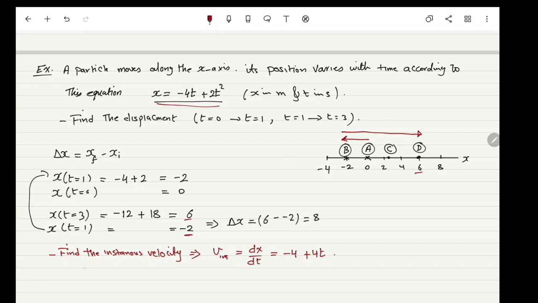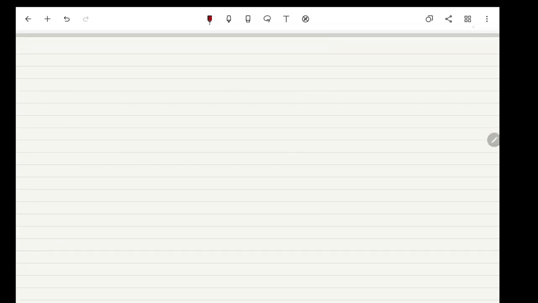Now if we want to calculate the instantaneous velocity when t equals 2.5 seconds, in this case v instantaneous equals, you just substitute t into this one here, it's minus 4 plus 10, which equals 6 meters per second.